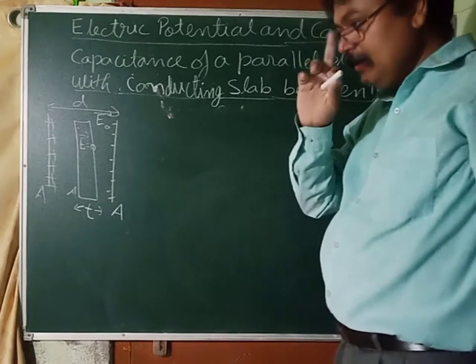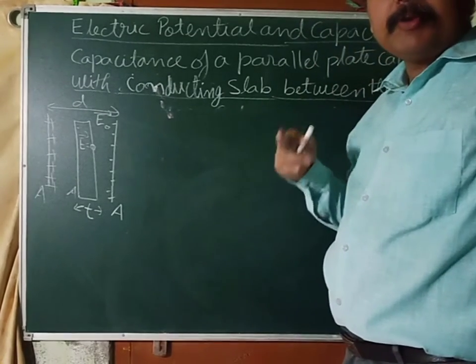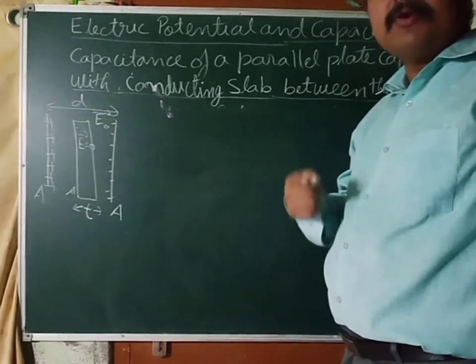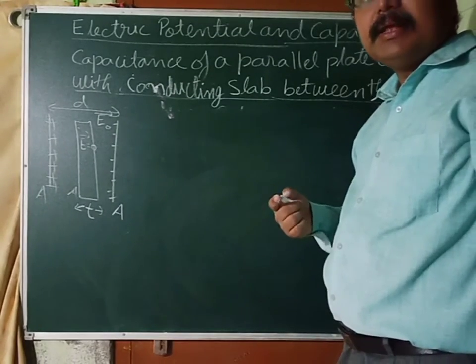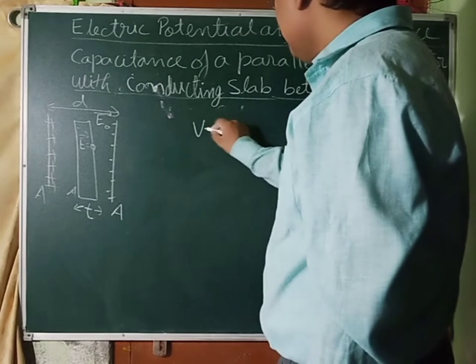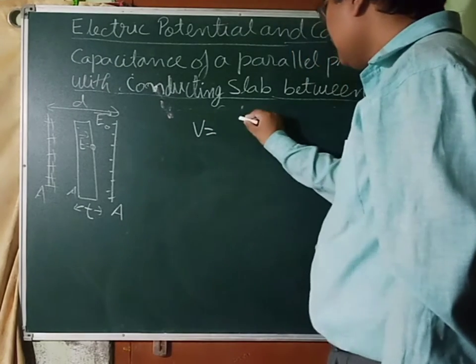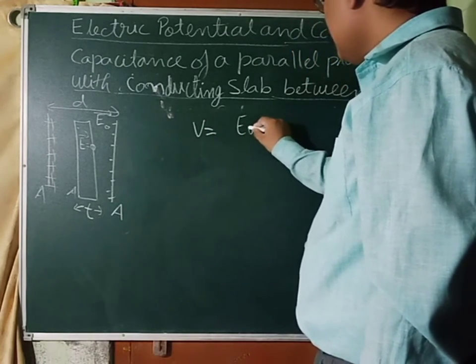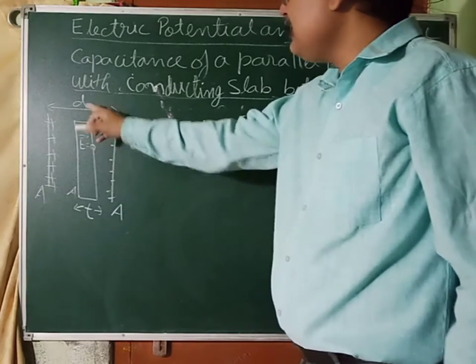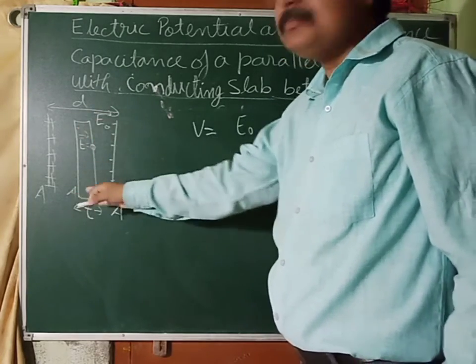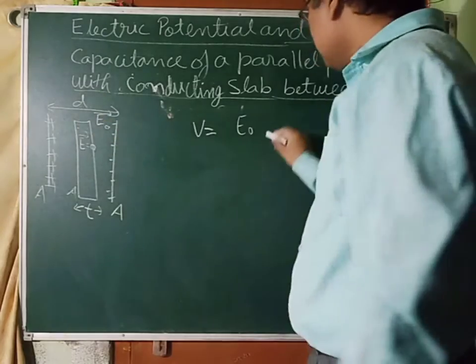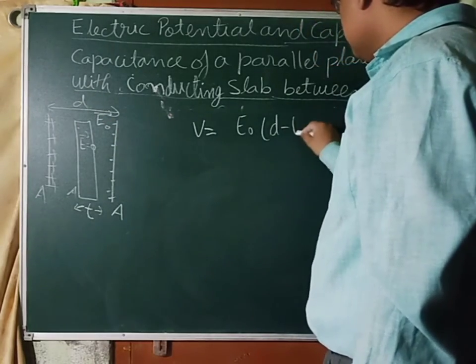Start writing. The potential difference between the plates of the capacitor is V equals E naught. E naught is there till how much distance? It is D minus T. This much you have to remove from D. So D minus T.